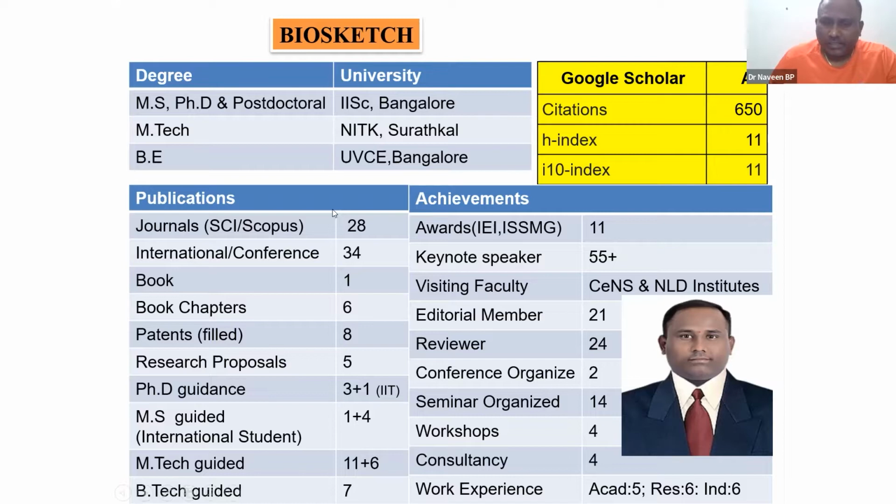I also published articles in reputed national and international conferences, 34 in total. I have written one book on geotechnical engineering and 6 book chapters, and I have filed 8 patents and 5 research proposals, all with respect to geotechnical engineering only.